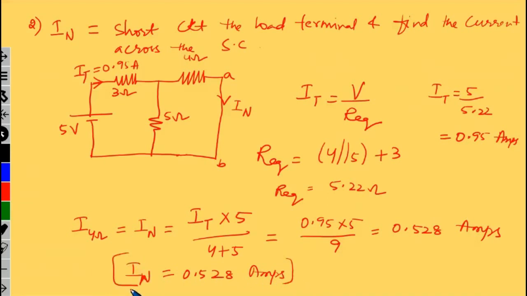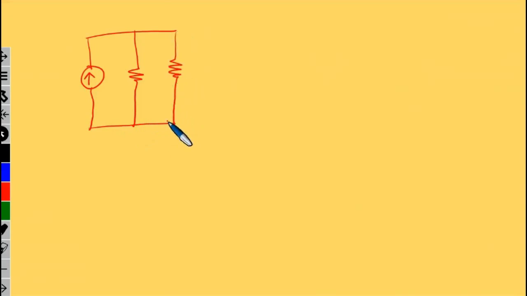How have we done it? We have just replaced the load terminals with a short circuit and found the current flowing through that short circuit element. Now the total circuit is replaced by the Norton current, a current source in parallel with a resistor, which is connected across the load terminals. So this was 6 ohms.